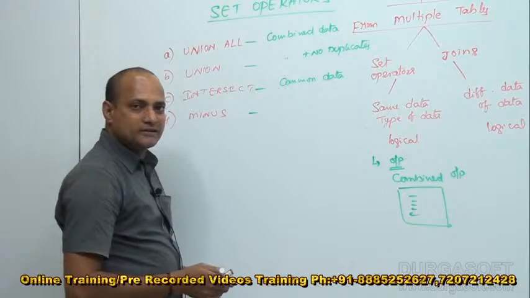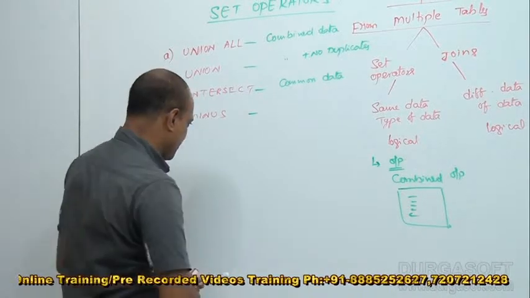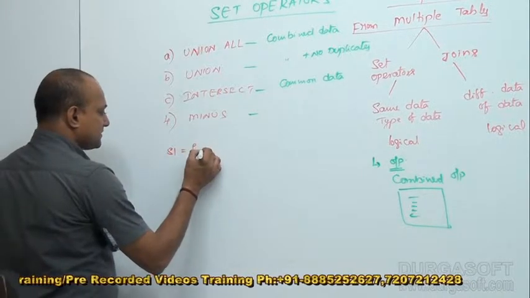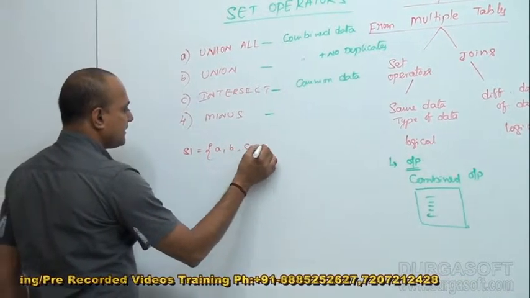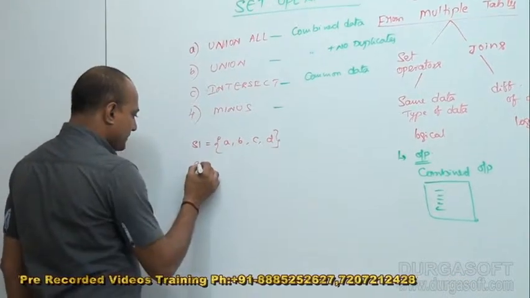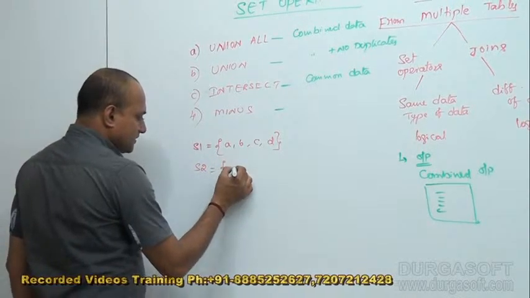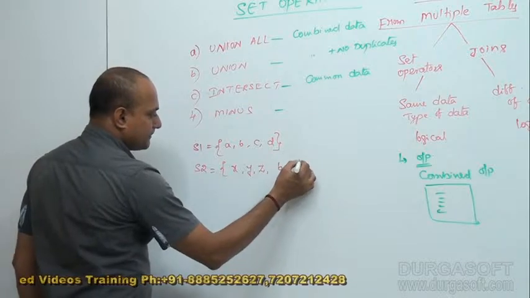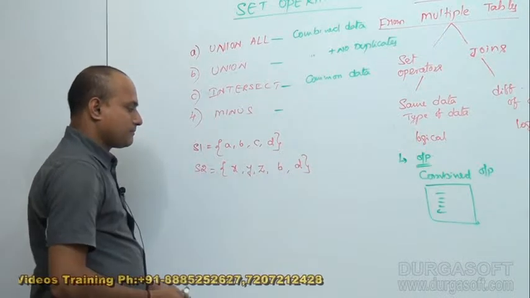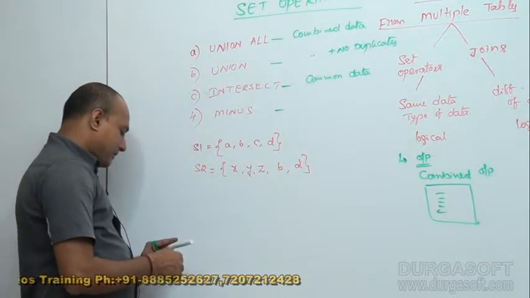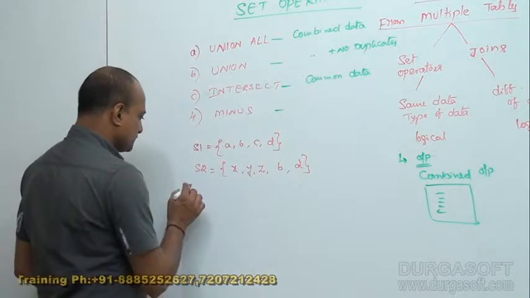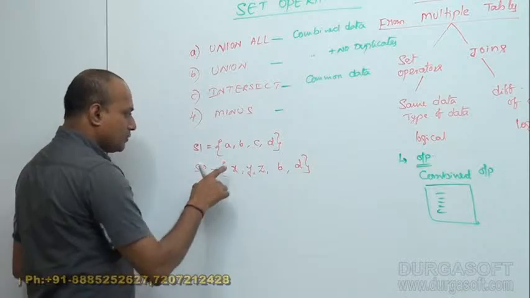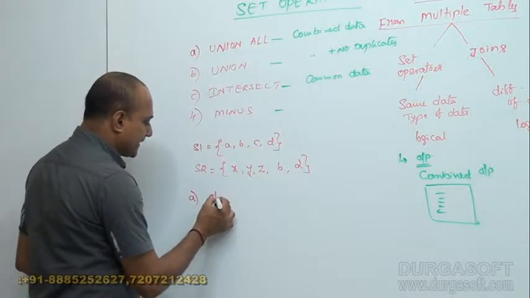Minus is a little bit tricky, listen carefully. Let us consider I have 2 sets: S1 is equal to A, B, C, D, and S2 is equal to X, Y, Z, B, D. Here, if I apply the union all operator, what is the resultant output you are getting?